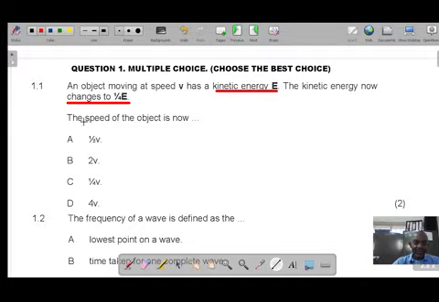So we want to find out the speed. Because they're saying is now, that means they want the final.